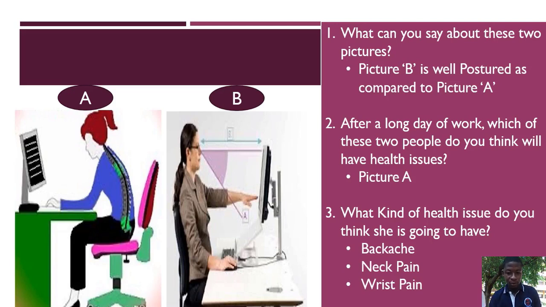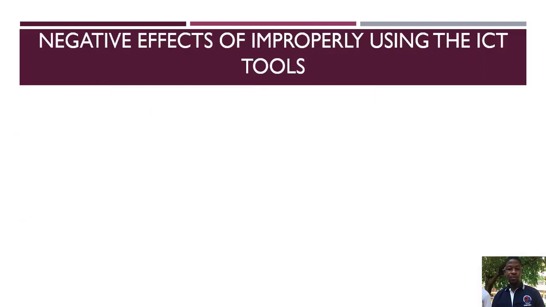Per this slide, picture A will have much more health issues than picture B. She's going to have backache because of her sitting posture, neck pain because she's bent to the monitor, and wrist pain because she has rested her elbows on the table.